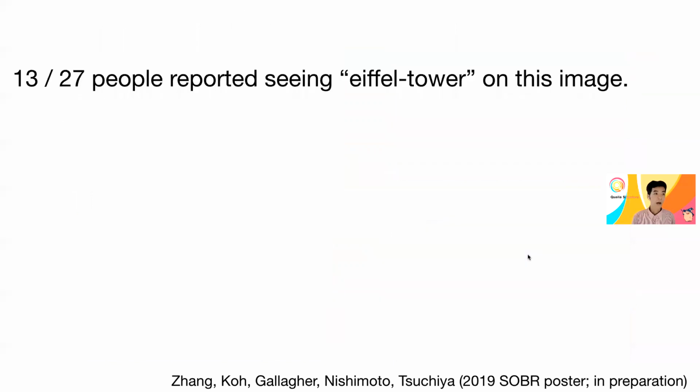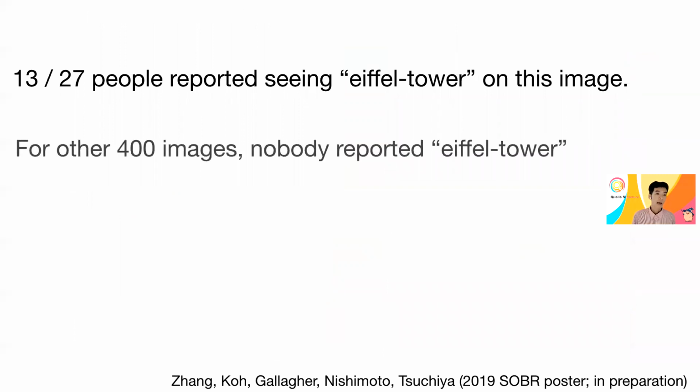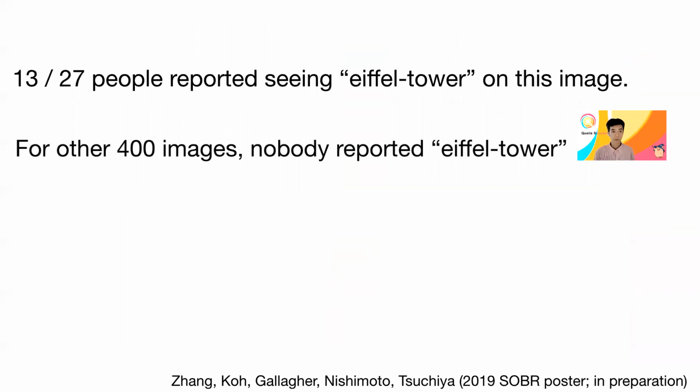We found that many people actually reported Eiffel Tower on this image. We also looked at what other people reported for the other 400 images. The 400 images come from many different kinds of internet images. It may be representative of many different kinds of images, but we didn't constrain what the images were going to be.